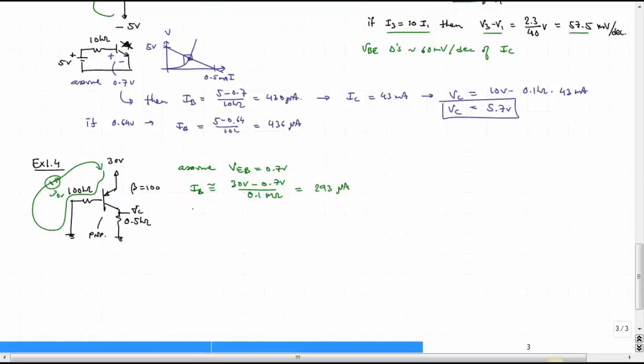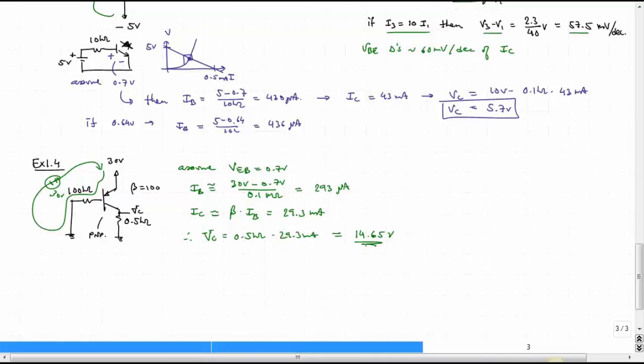With beta being 100, we'll have the collector current being approximately 29.3 milliamps, and therefore the collector voltage will be just 0.5 kilohms times the 29.3 milliamps, which is going to be 14.65 volts, if I did that correctly.